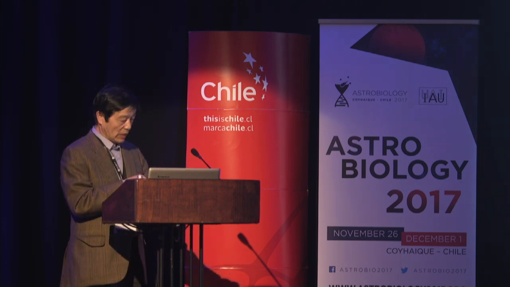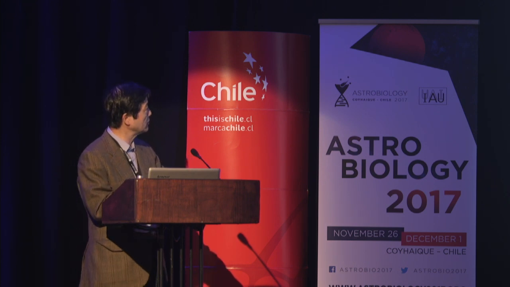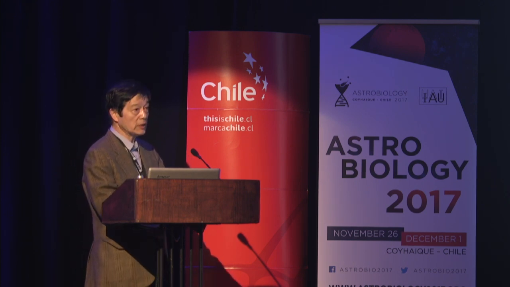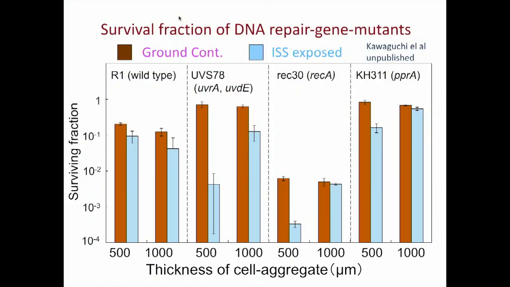And as I have shown in the previous slide, if the system is totally intact, they can survive for a long time if the thickness is 500 or 1000 micrometer after 1 year.